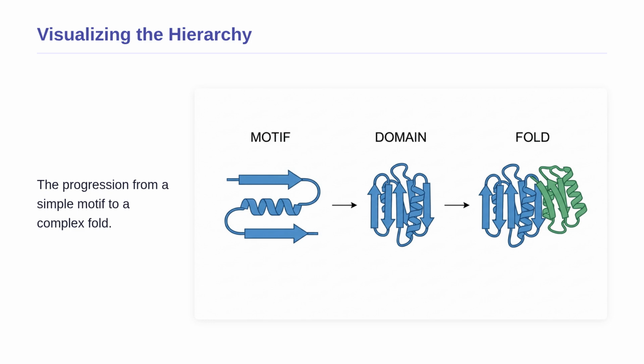Here, several motifs have folded together into a compact, independent unit that can perform a specific task. Finally, on the right, we see the complete fold of the protein. This global structure contains multiple distinct domains, shown in different colors, working together. This diagram perfectly illustrates how simple patterns build up into complex biological machines.